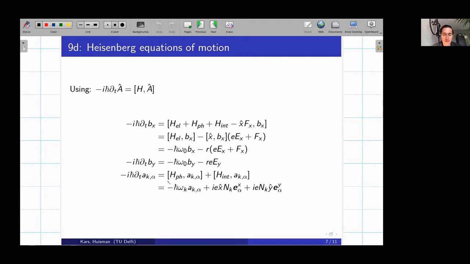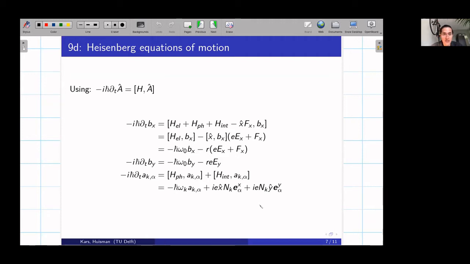And then we also have the a cap of the photon field, and the only part that gives anything is when you look at the commutator of a_k with the boson bath and a_k with the interaction part. And if you write it out, then you find that this is the answer.